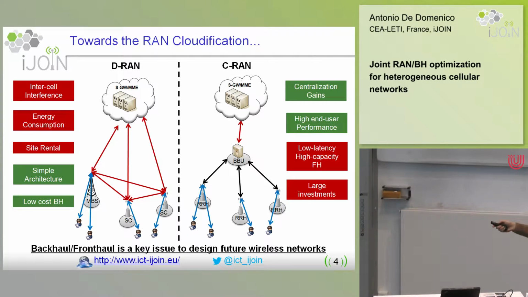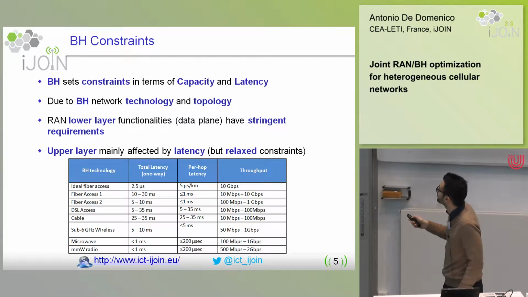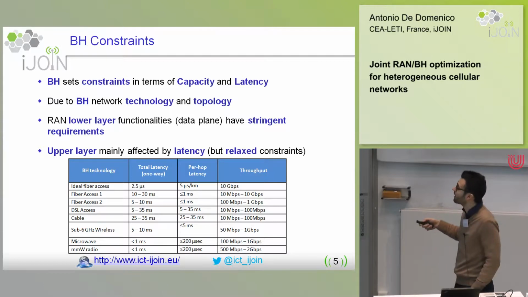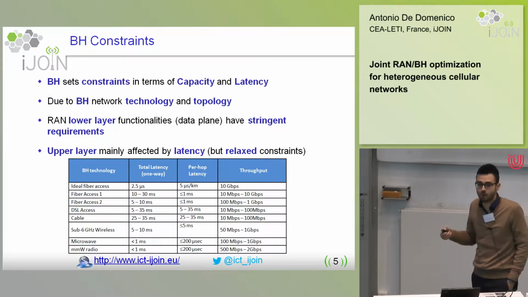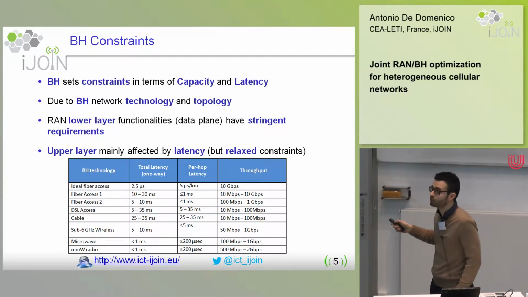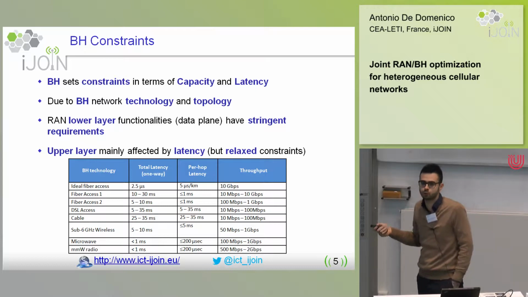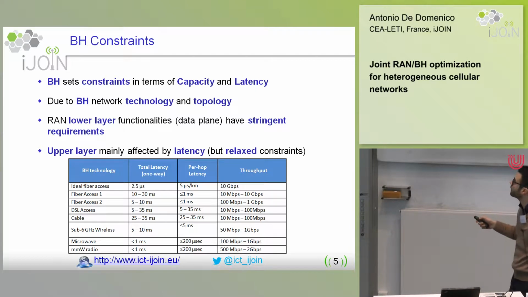architecture. So why? This table here has already been presented by Andreas. Basically, backhaul sets very stringent constraints in terms of capacity and latency. These constraints are related to the backhaul technologies and also to the topology that is used by the operator.